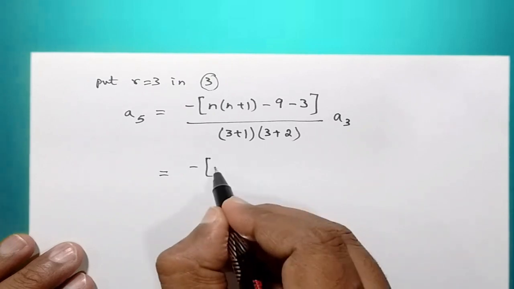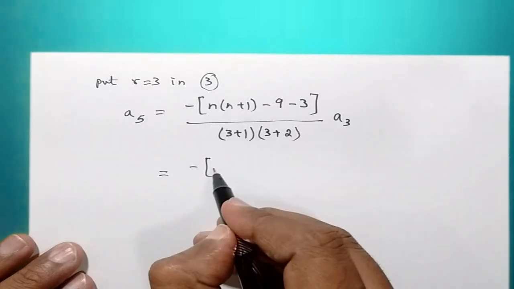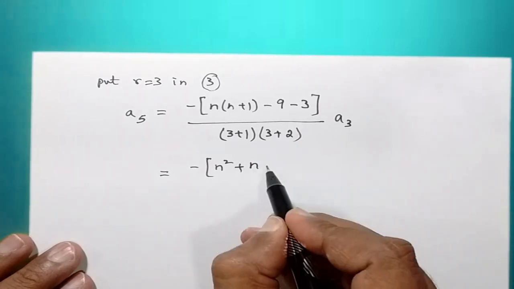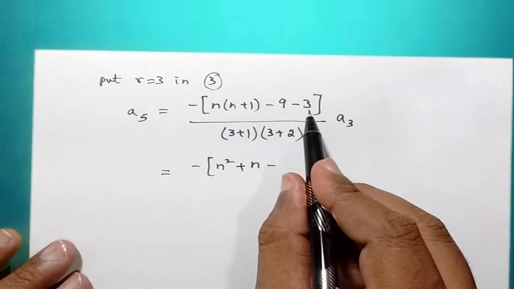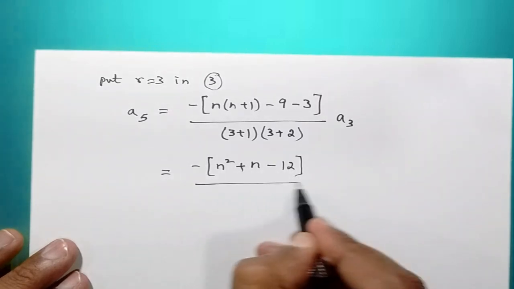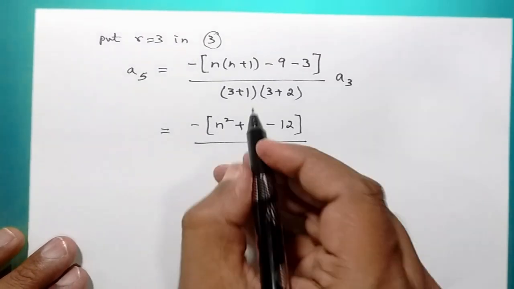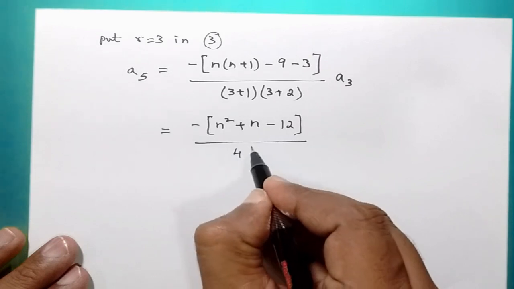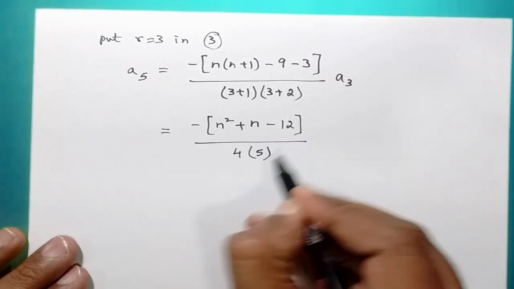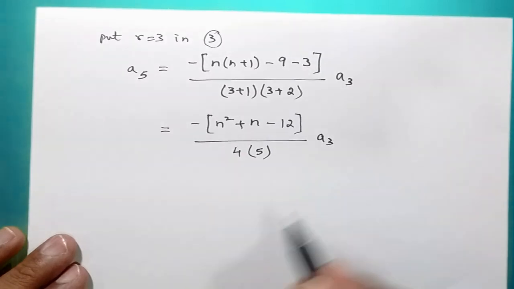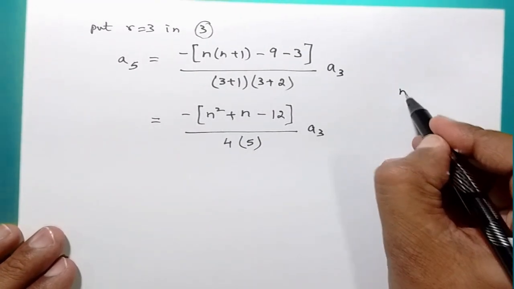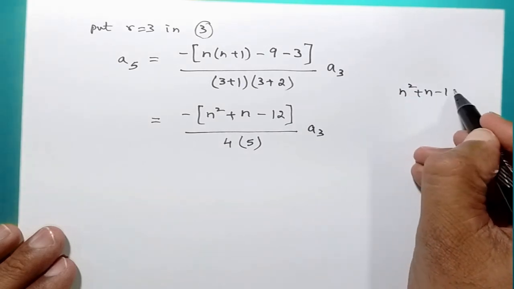Minus of, multiply n into n will become n square plus n into 1 will be n, minus 9 minus 3 will become minus of 12, whole divided by the denominator 3 plus 1 will be 4 into 3 plus 2 will be 5, into a3. You can factorize this one, n square plus n minus 12.